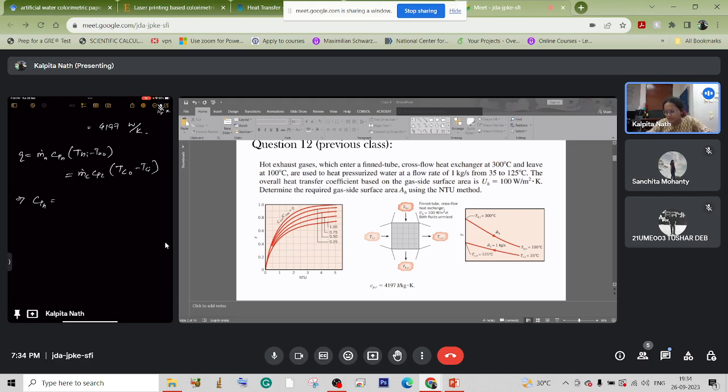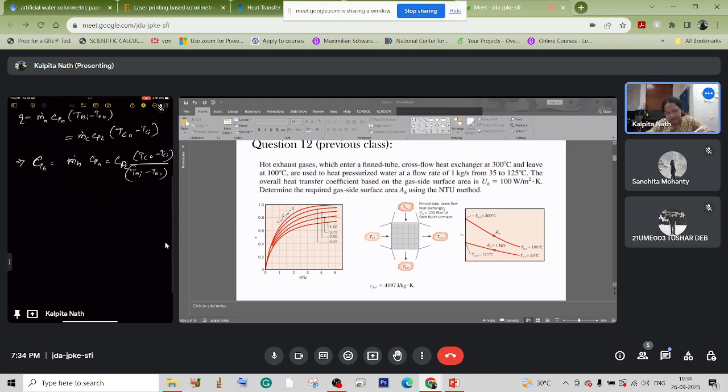So Ch, capital C, will be Cc, that is cpc, into (Tc out minus Tc in) upon (Thi minus Tho), the temperature difference. Okay, so cpc is for the water, the cold fluid.